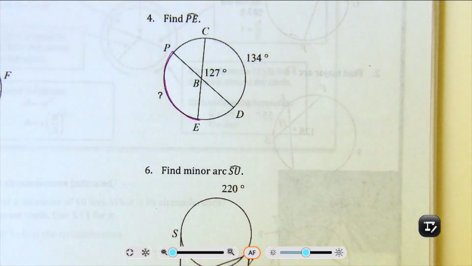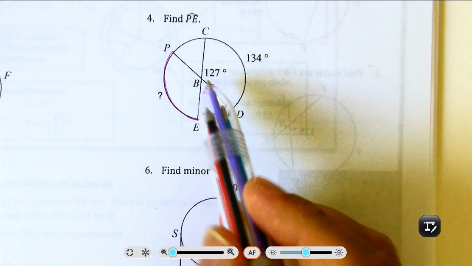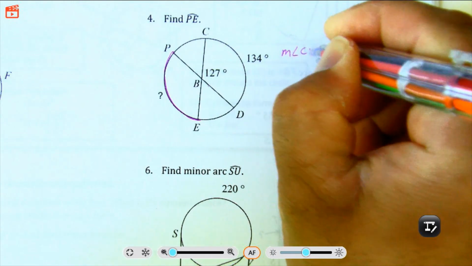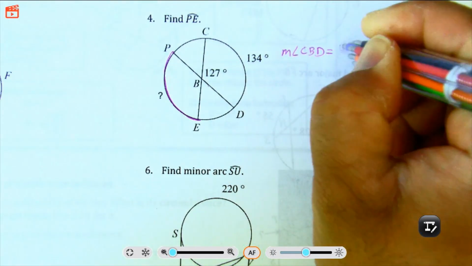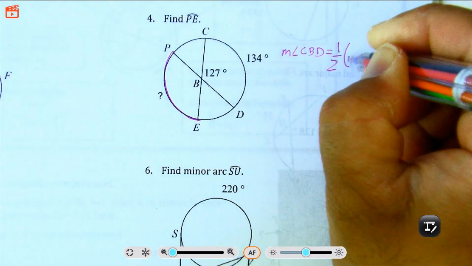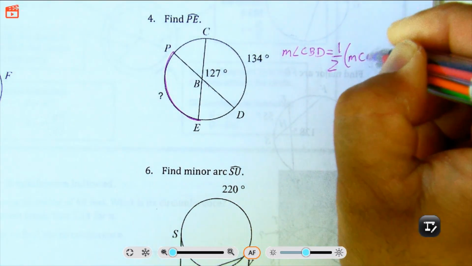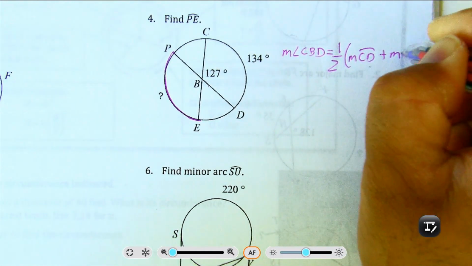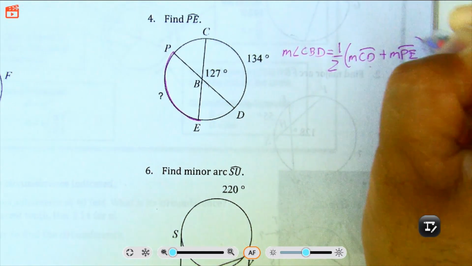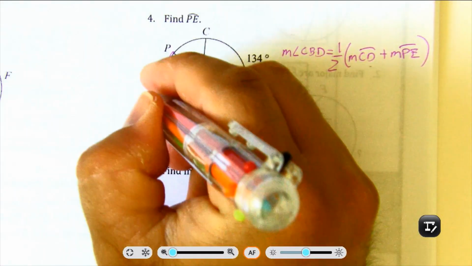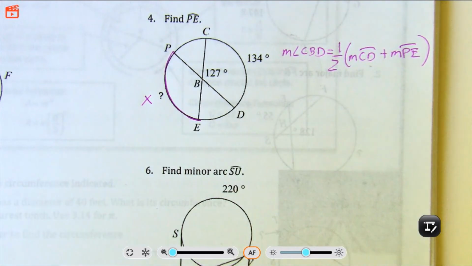The measurement of angle CBD is equal to 1/2 the measurement of arc CD plus the measurement of arc PE. And you're going to probably want to use X for PE. So we know this is 127. We know this is 134. We know this is X. And you could solve for X.